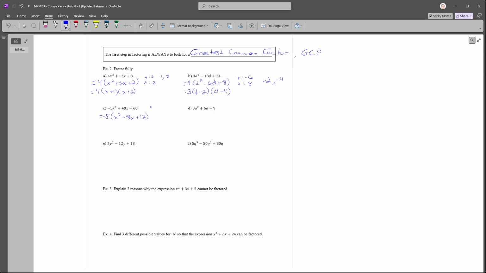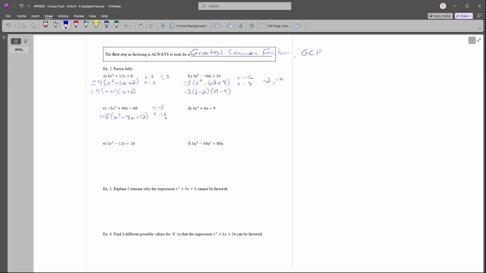Okay, so what do we need? We need two numbers that add to negative 8 and multiply to 12. Positives, they're both the same sign. Negative, they're both going to be negatives. Okay, so the obvious one here is, I guess, 6 and 2.